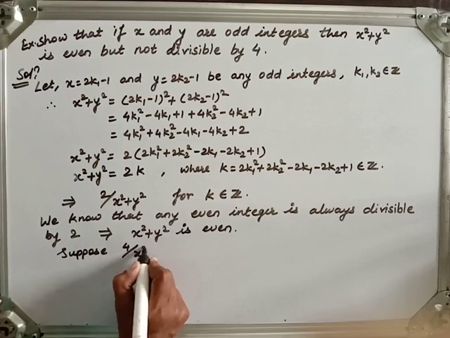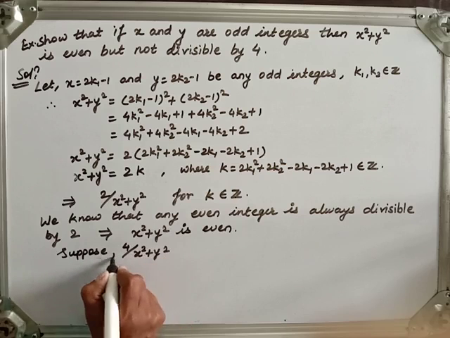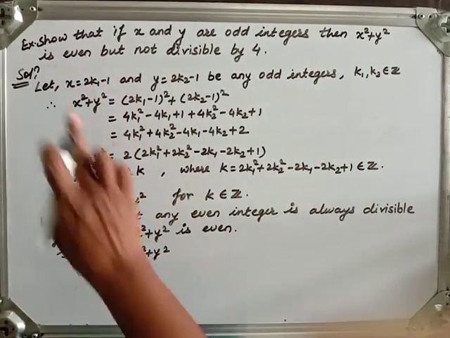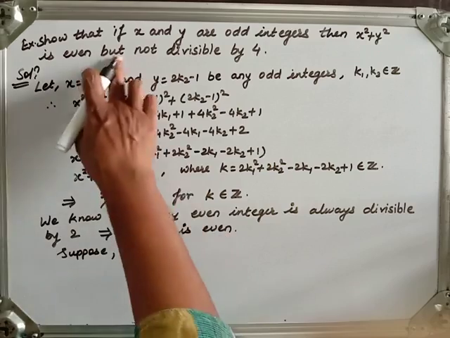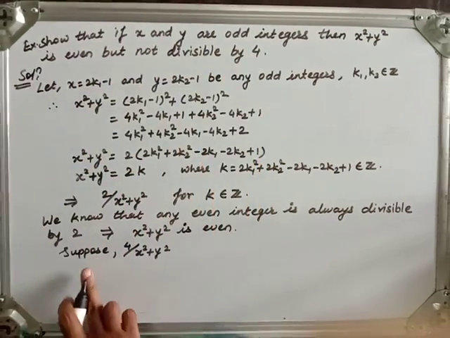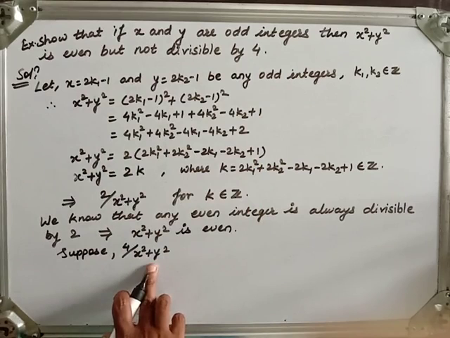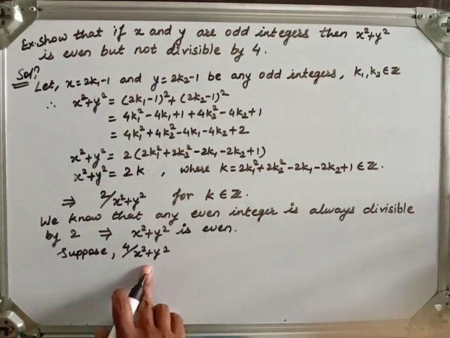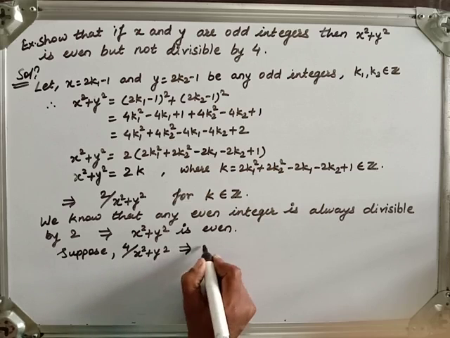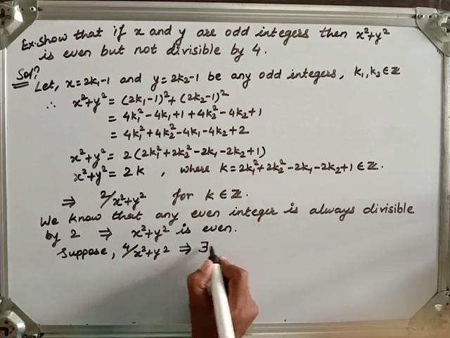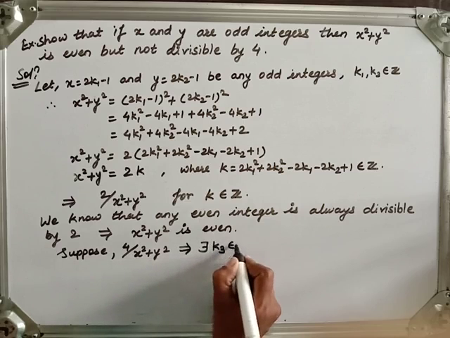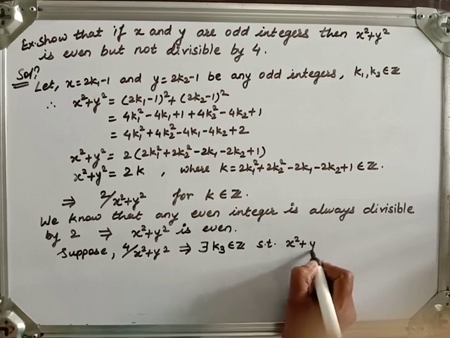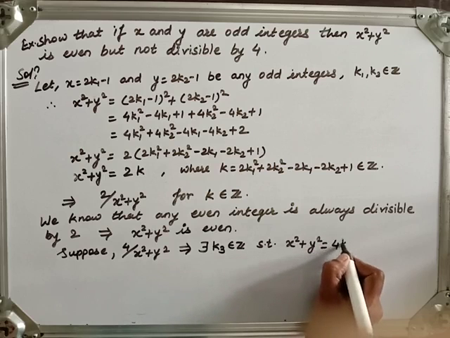Now suppose 4 divides X square plus Y square. Our aim is to show that X square plus Y square is even, which we have shown, but not divisible by 4. So on the contrary, we assume X square plus Y square is divisible by 4, or 4 is a divisor of X square plus Y square. Then there exists some integer k3 such that X square plus Y square is equal to 4 into that integer.